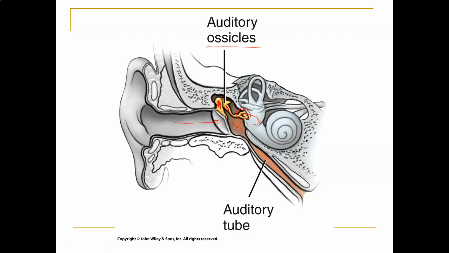If you're exposed to a really loud noise, then we do have a muscle, not shown here, that pulls the malleus away from the tympanic membrane to help lessen the amplitude of that vibration.